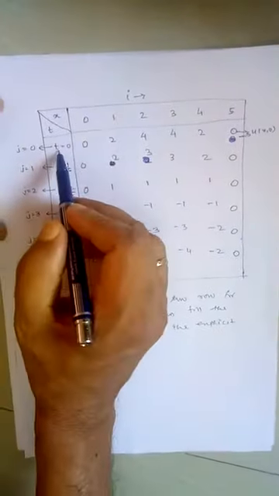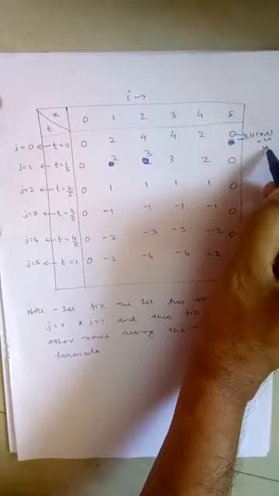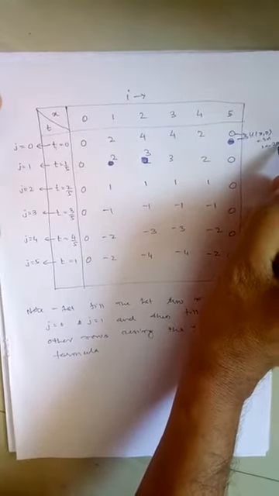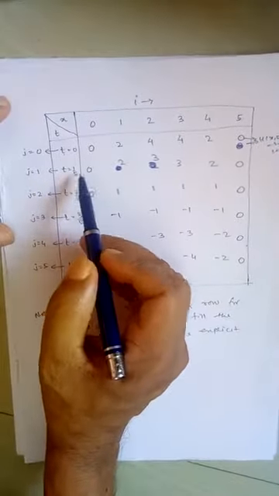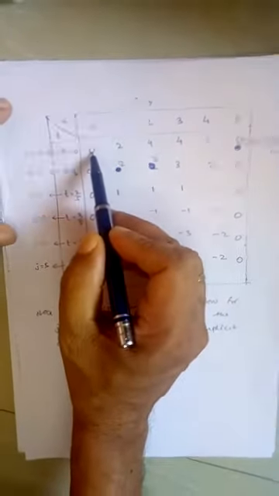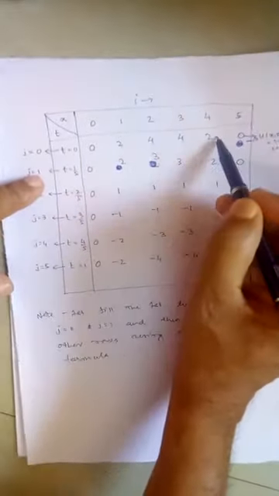Now let us find the initial condition t equal to 0. For that we will use the function u of x comma 0 equal to 2x and another one is 10 minus 2x, and j equal to 1 means t equal to 1 by 5. So at t equal to 0 we have the values 0 2 4 4 2 0. So we will put in the first row 0 2 4 4 2 0.